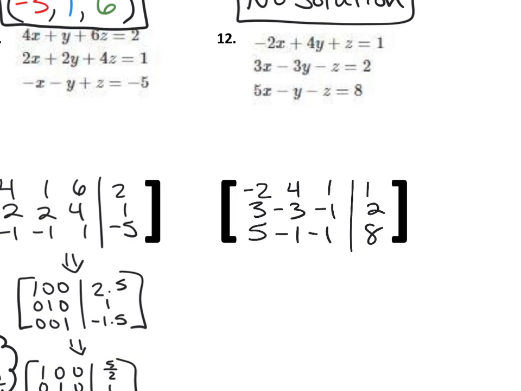So we edit that one to be our numbers. It'd still be a 3 by 4, so my dimensions are okay. So I go to the first row, and I want the numbers negative 2, 4, 1, and 1. And then the numbers 3, negative 3, negative 1, and 2. And then I have the numbers 5, negative 1, negative 1, and 8.